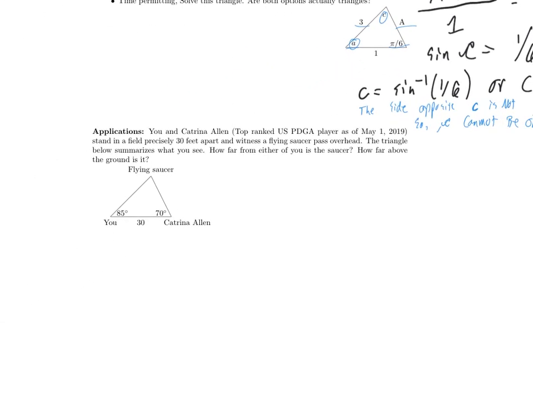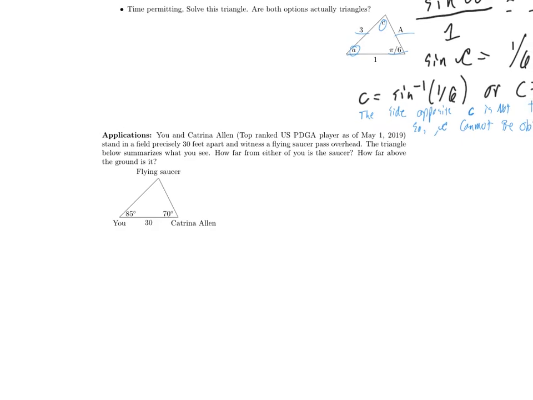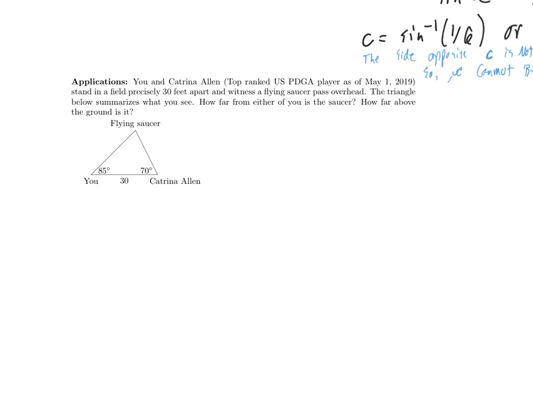So I'm going to end this video in a moment. Let me just tell you what the next video will be. It will be applications. So here are the applications. You and Katrina Allen, the top-ranked US PGA player as of May of 2019, stand in a field precisely 30 feet apart, and you see a flying saucer pass overhead. The triangle below summarizes what you see.